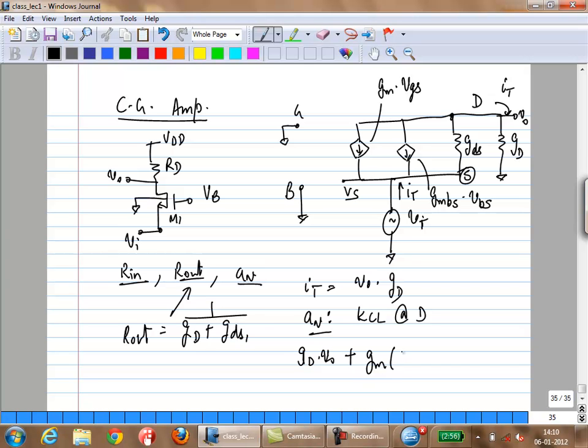what is VGS? Gate is grounded, so VGS is minus VT, right?